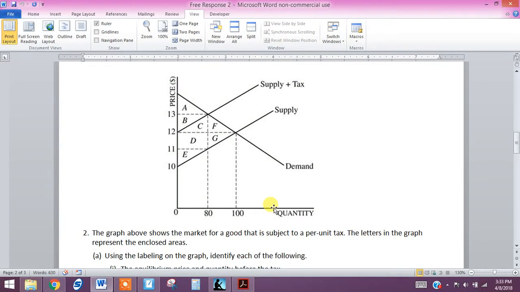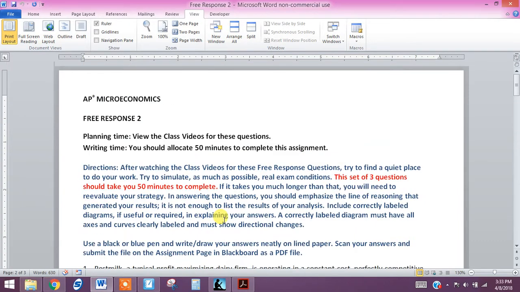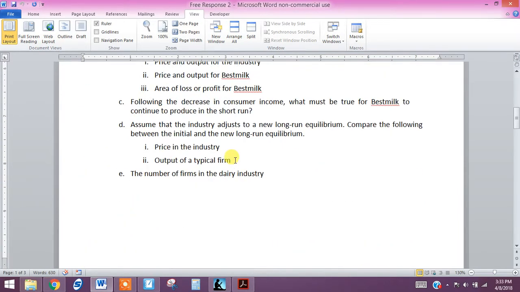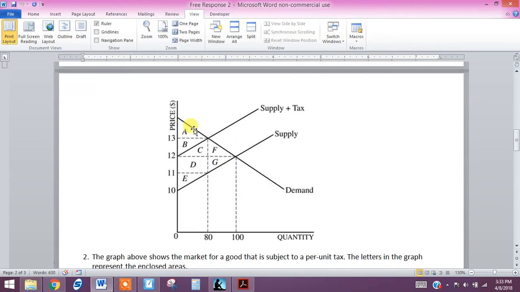We are looking at question 2, or part 2, I guess, of free response 2. In this question, we are given a graph that shows the supply and demand of a good and the supply when we add in a tax right here.